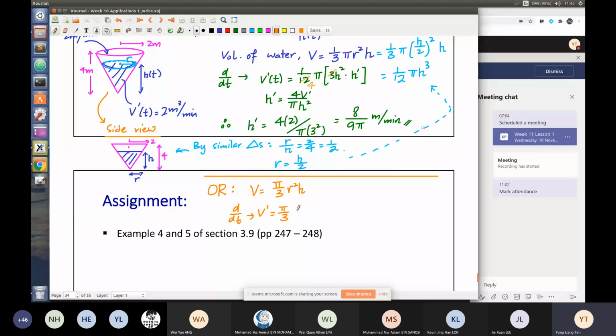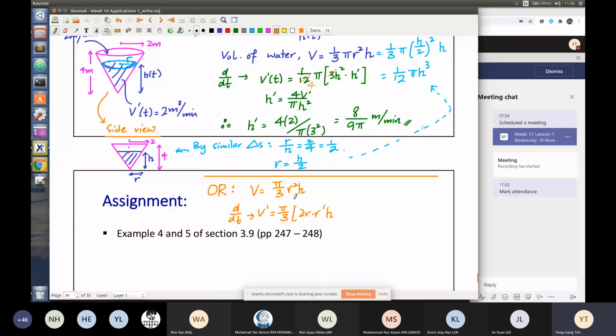So now you have 2r, oh sorry, my fault. It should be 2r prime times h, because we differentiate r squared with respect to r, multiplied by dr/dt. You can see that.